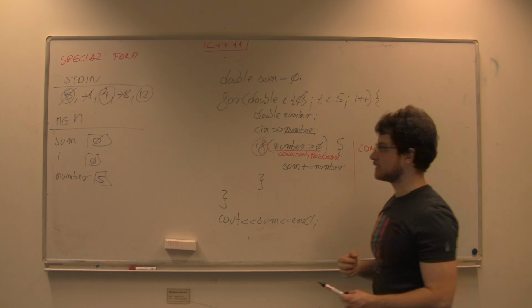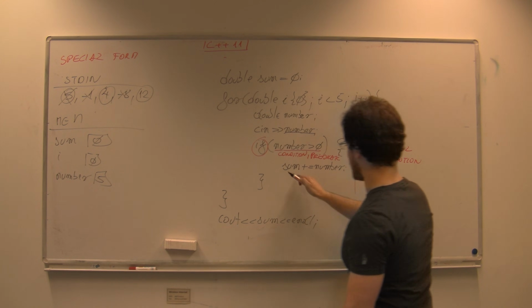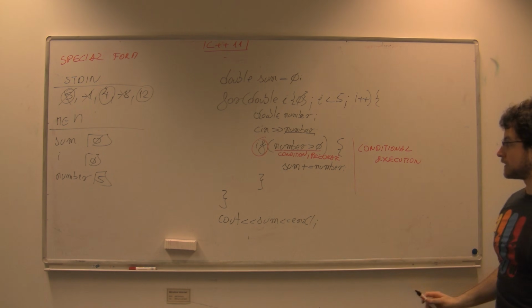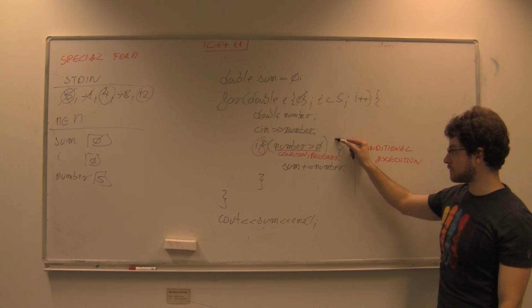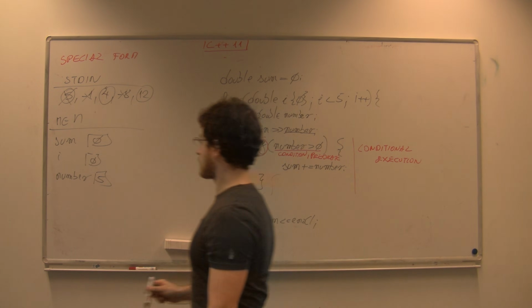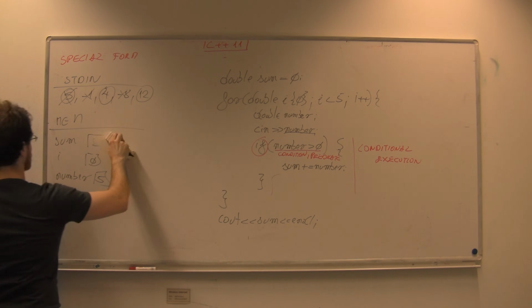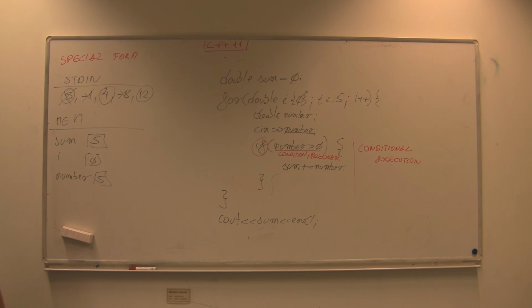Is the number greater than 0? It is. In this case, we can execute the action of this conditional statement, and the action is this body here. So we perform this statement, which tells to add 5 to the current value of sum. So the value of sum is now 5.